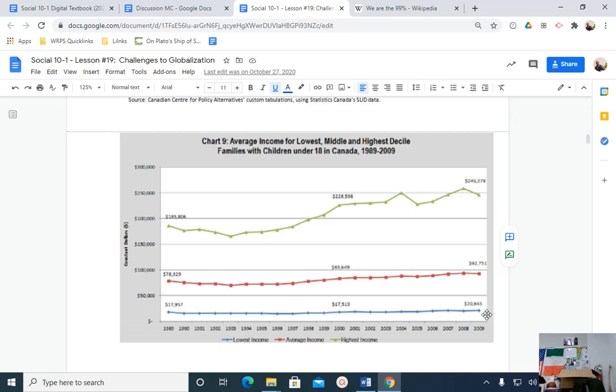So what we've seen is that in those 20 years, Canada was really rewarding our top income earners. So the economy, the politics, the policies were put in place to promote these, perhaps at the expense of these.